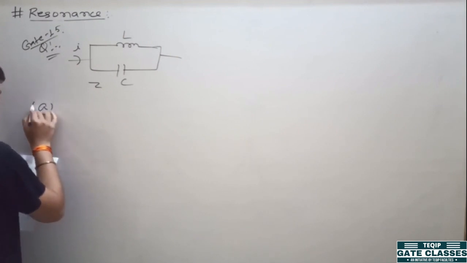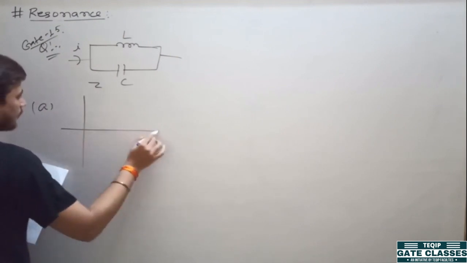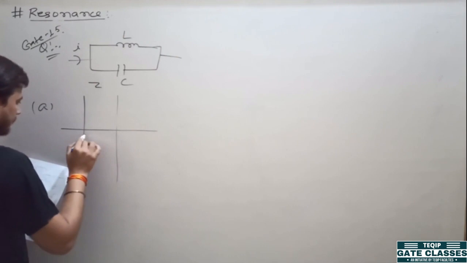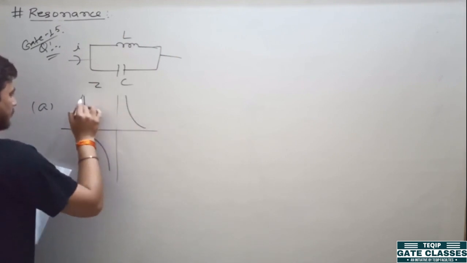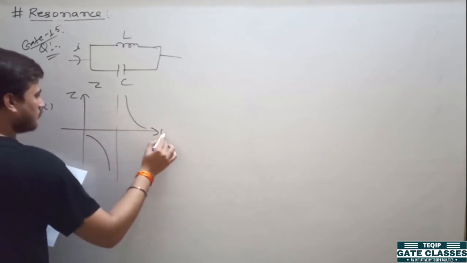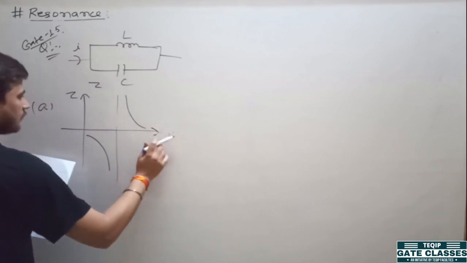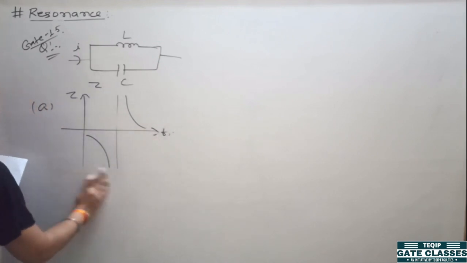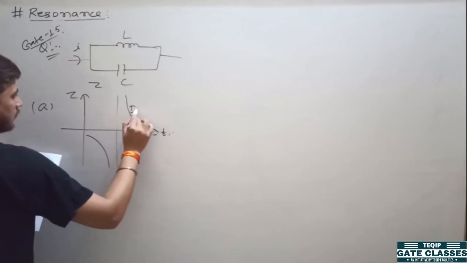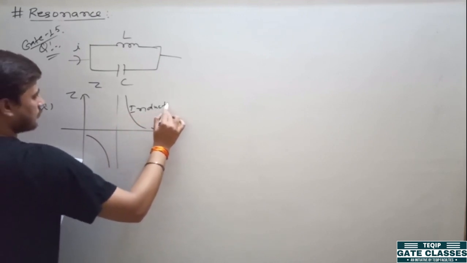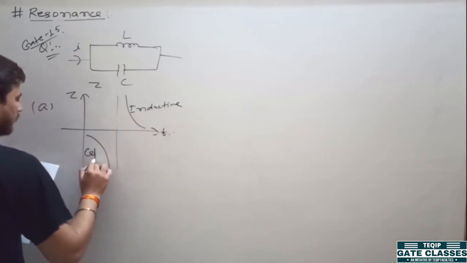The first curve, this is Z, this is omega, or this is F. This is inductive, this is capacitive.